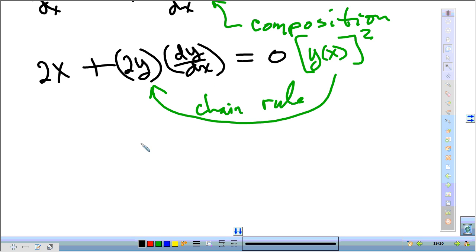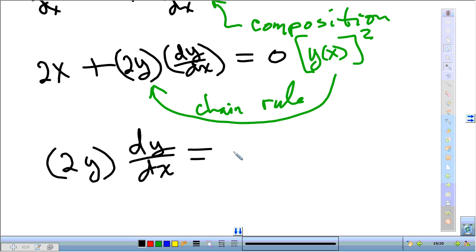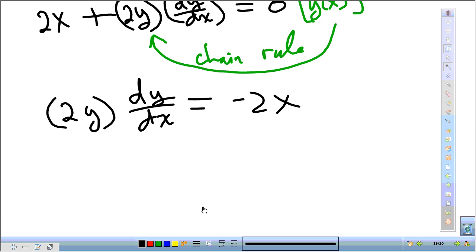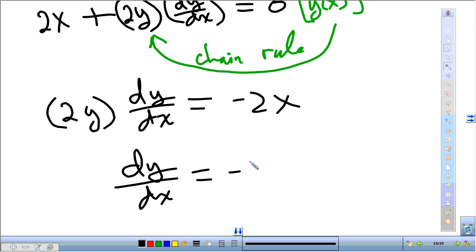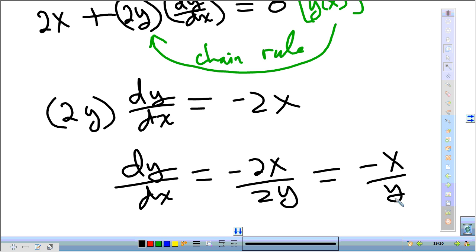So at that point I stop and I solve for the derivative of y. So in this case, subtract 2x from both sides and divide by 2y. And I get a derivative, if I simplify a little, of minus x over y.